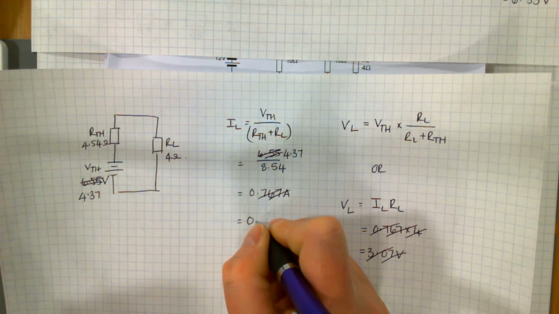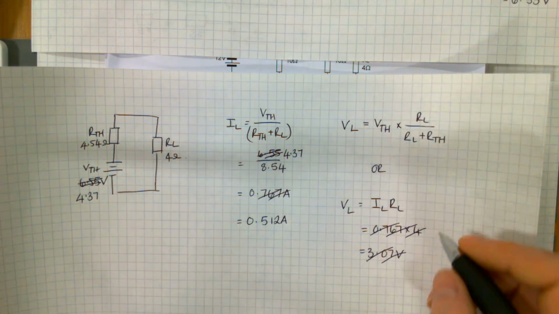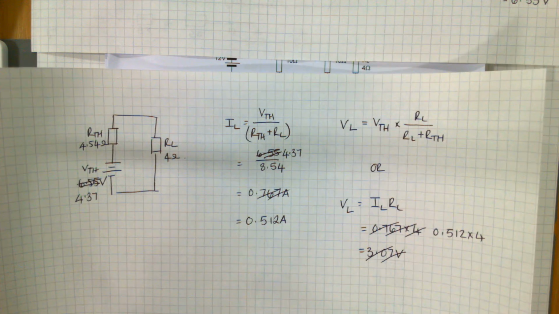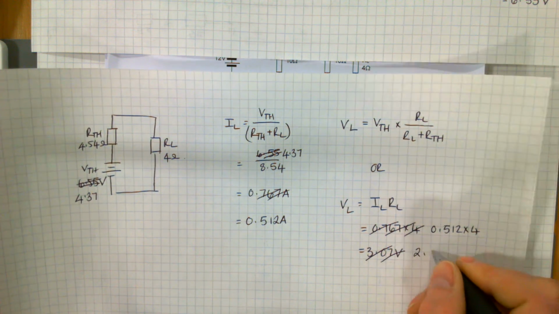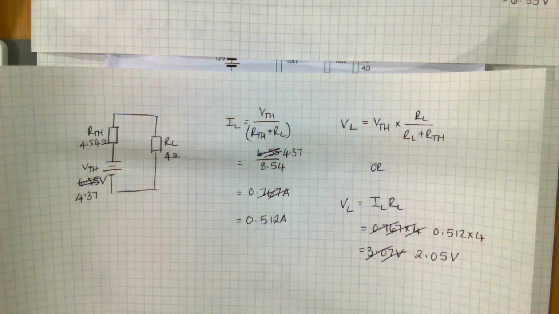So that changes my current to 0.512. And makes my voltage 2.05 rounded. Hopefully that's it now.